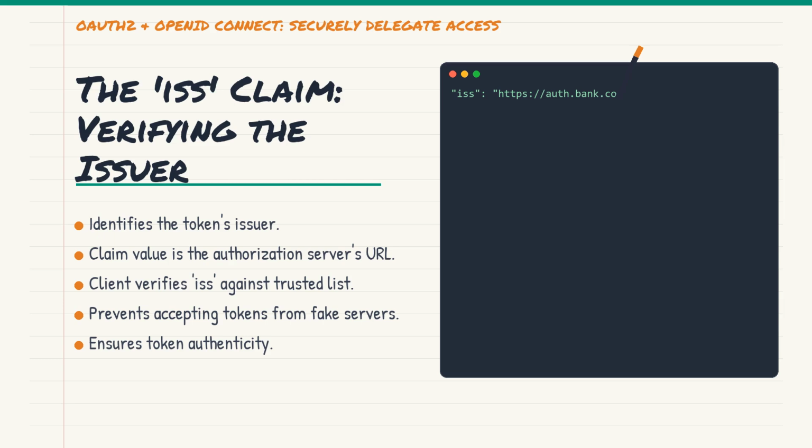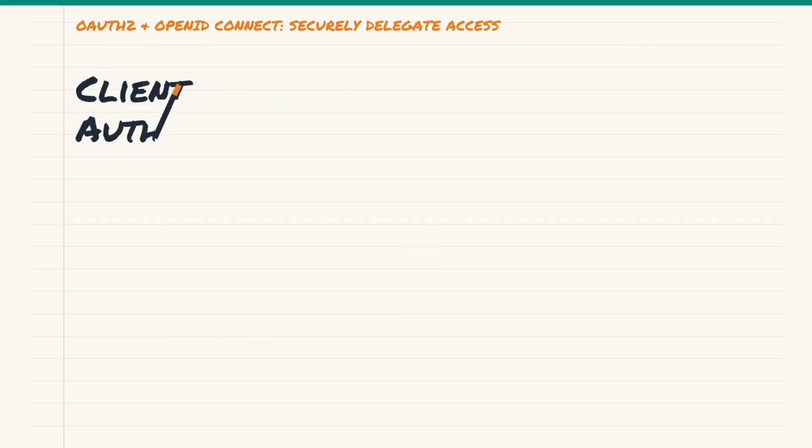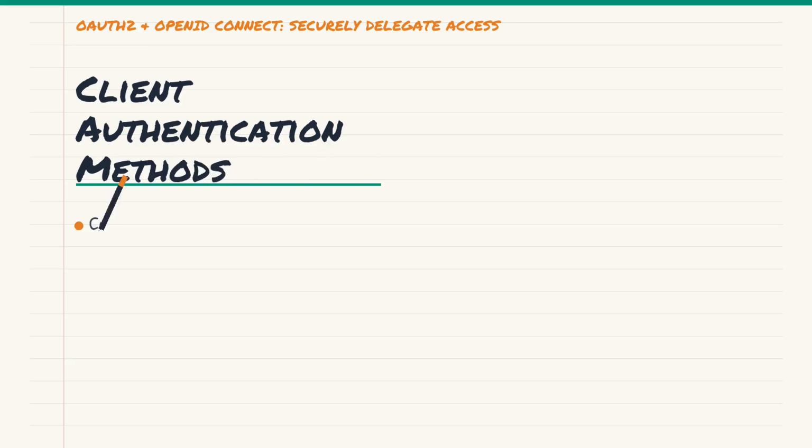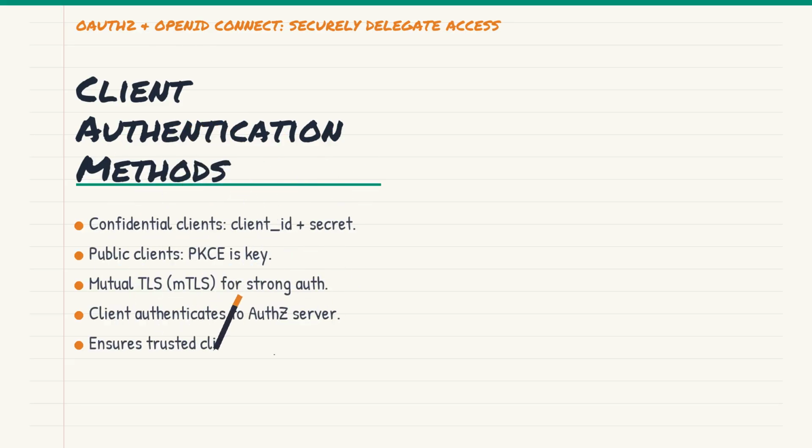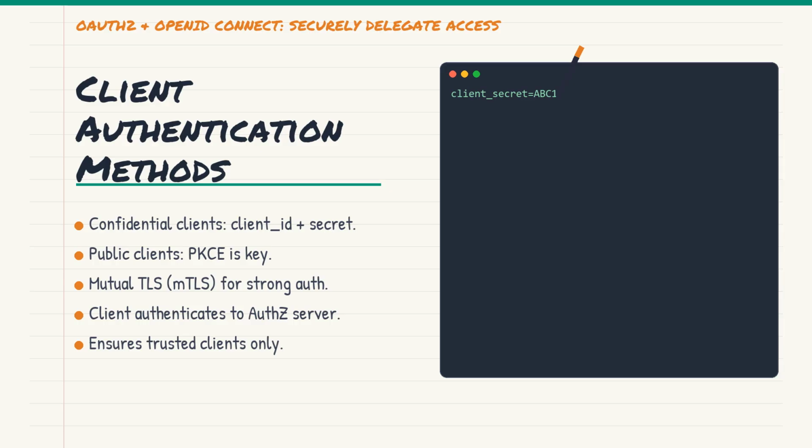We've talked about clients needing to authenticate themselves to the authorization server. How do they do it? For confidential clients, like backend web servers that can securely store secrets, the common method is using a client_id and client_secret.